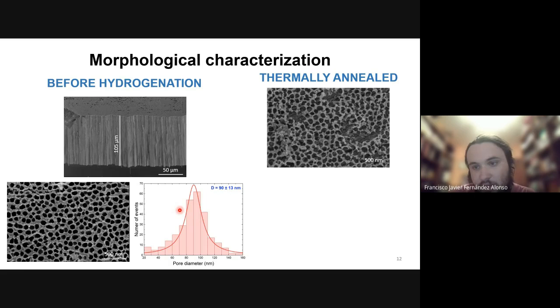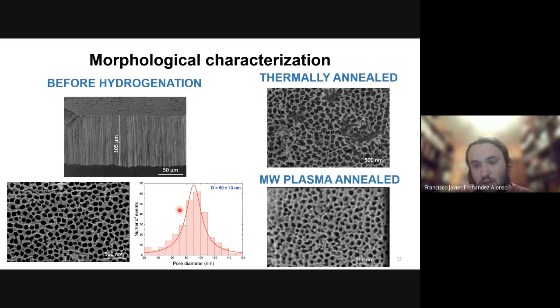When we apply the thermal annealing, we see how the morphology is more or less conserved. We introduce some defects, but the morphology is more or less preserved. And when we apply the microwave plasma annealing, we see how the surface is like melting a little bit, but again, the structure or the periodicity is more or less preserved.